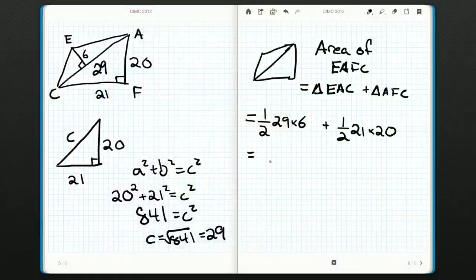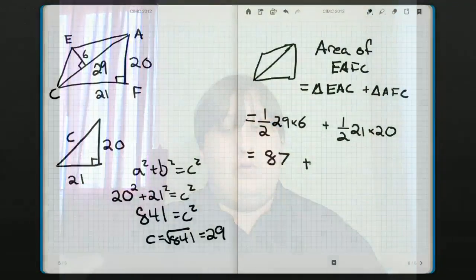And we can write 87 in here. So that's 3 times 29 is another way to look at that one. And then we could do 1/2 21 times 20. Okay? And that's going to be 210. So we could write 210 in.